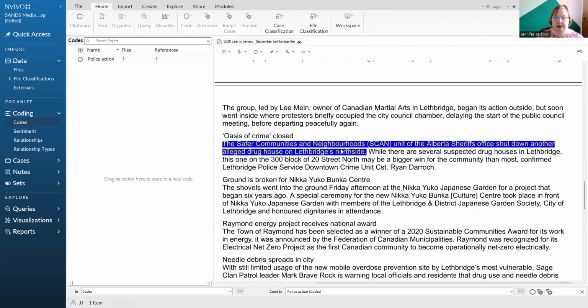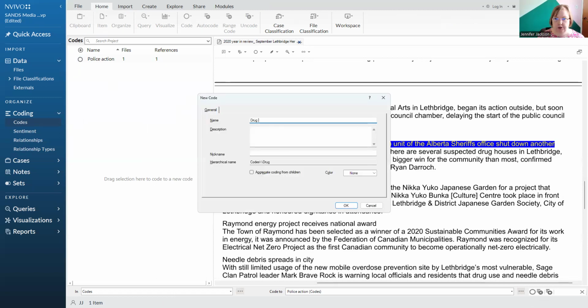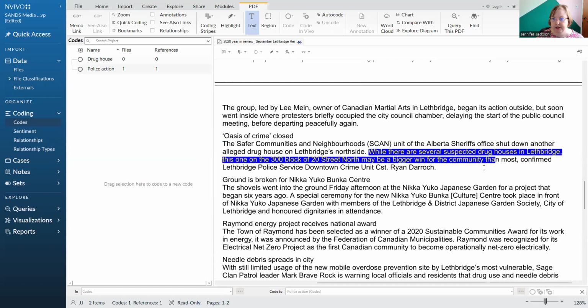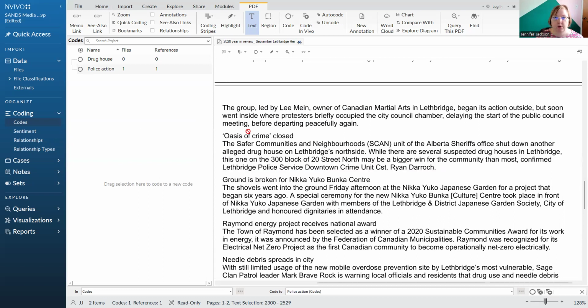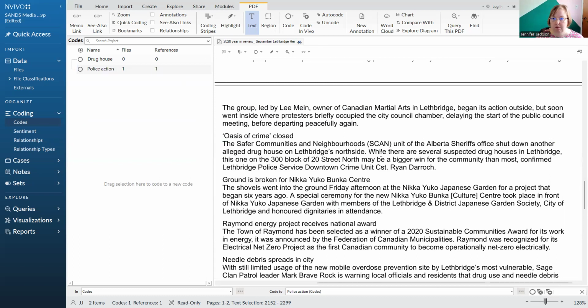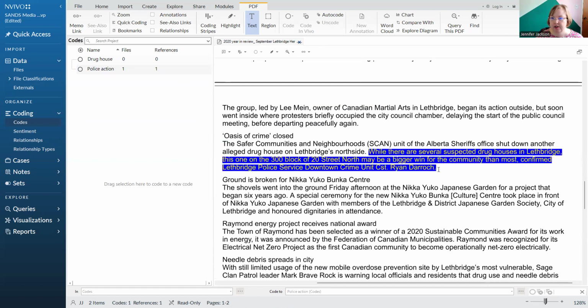Then a new code, drug house. Okay, while there are several suspected drug houses, this one may be a bigger win for the community than most. So we're going to add that to drug house. Let's try this again. As you can see, there are very functional undo features in most of your analysis software.